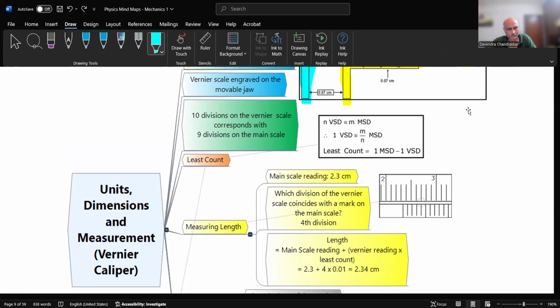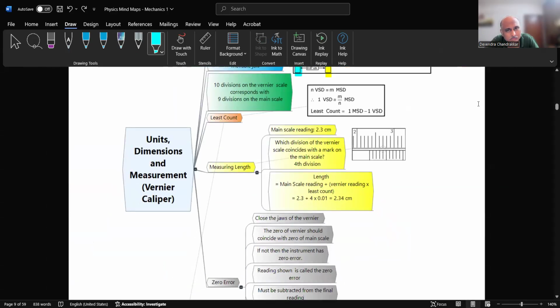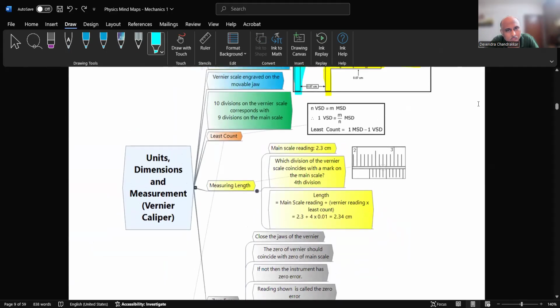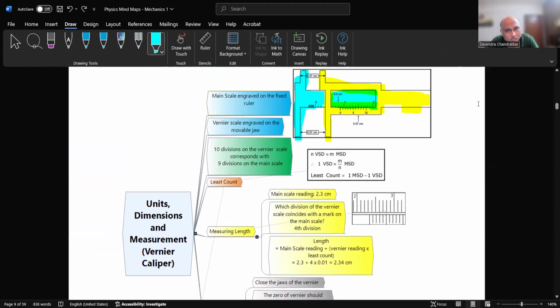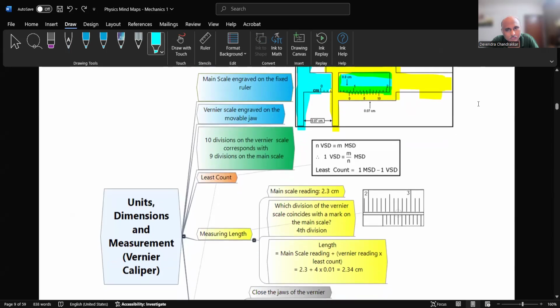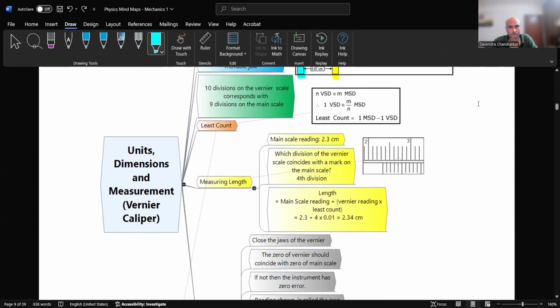Can you unmagnify the screen once? Okay. Can you go up a little bit? And down.